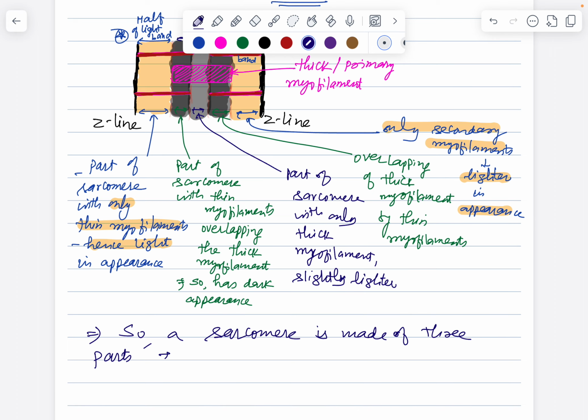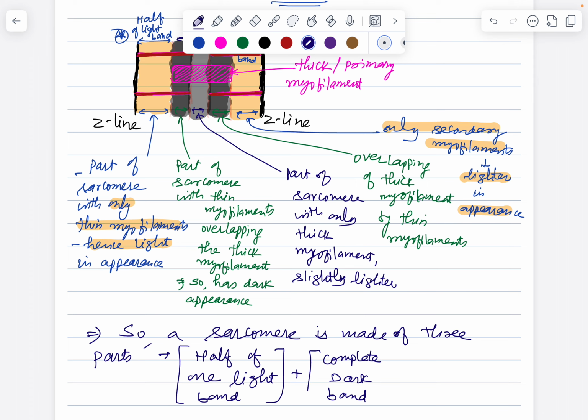The three parts are half of one light band, complete dark band, half of the next light band.